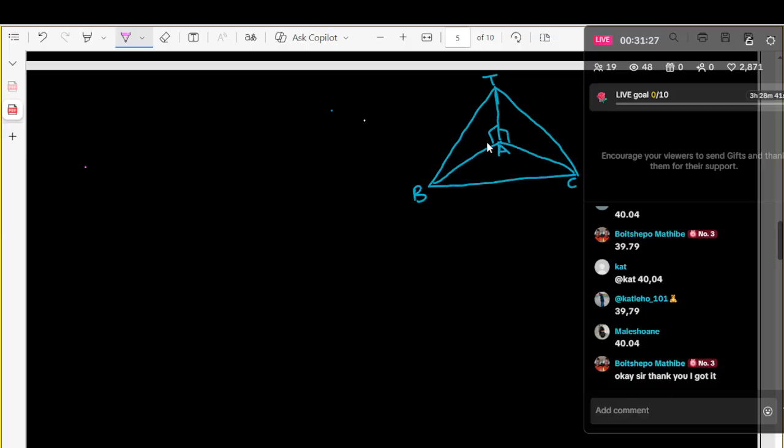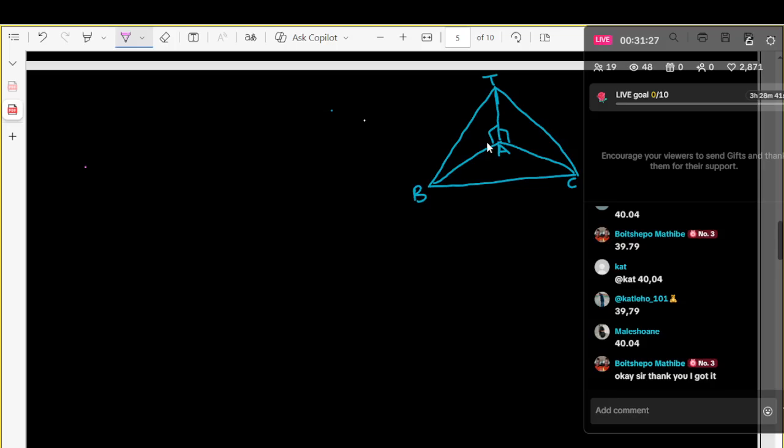This angle here is your X. And let's say this angle A here is your 2x, which is also equal to this one, which is 2x.